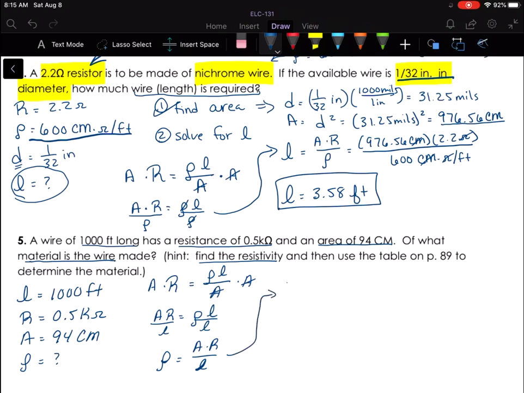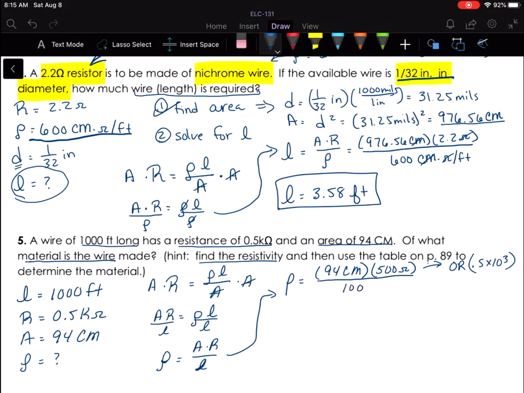So let's plug in our numbers. So we have 94 circular mils. Resistance is 0.5 kiloohms. If you wanted to, you could just write that as 500 ohms, but remember that's 0.5 times 10 to the third. So you need to either put in the power of 10 or convert it to standard form before you go any further.